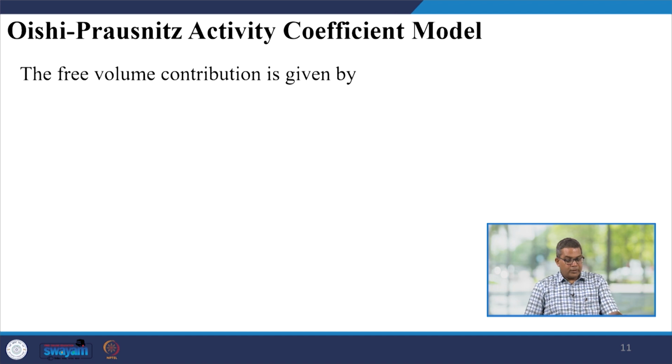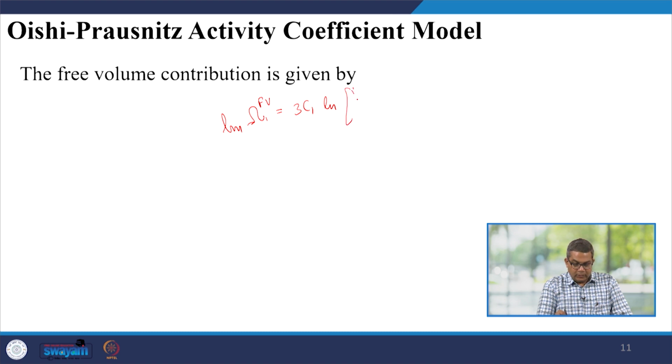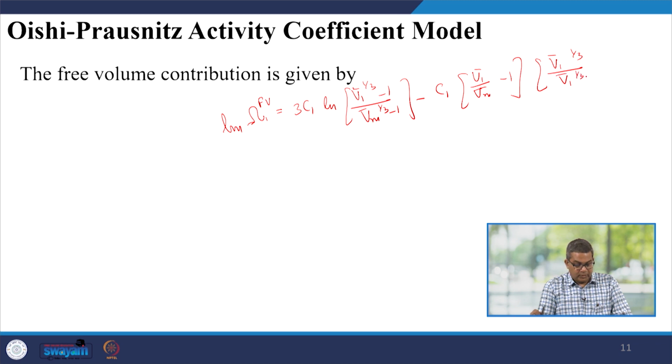The free volume contribution is given by ln omega 1 Fv equals 3 C1 ln of reduced volume 1 to the 1 by 3 minus 1 over reduced volume m to the 1 by 3 minus 1, minus C1 times reduced volume 1 over reduced volume m minus 1 into reduced volume 1 over 1 by 3 V1 to the 1 by 3 minus 1.